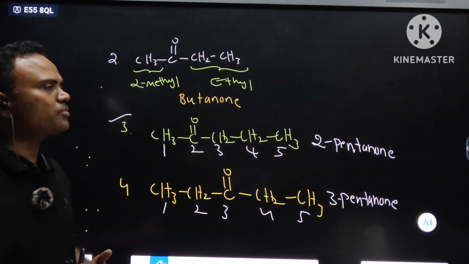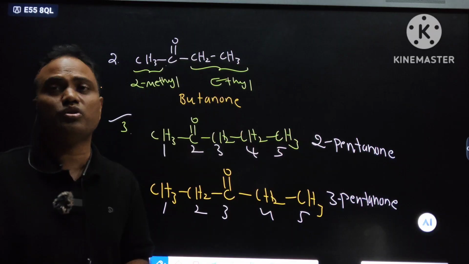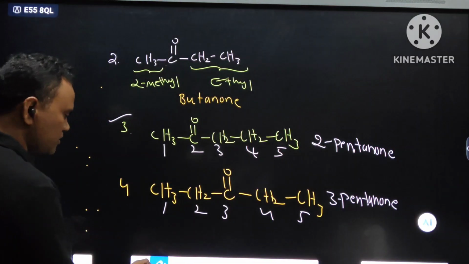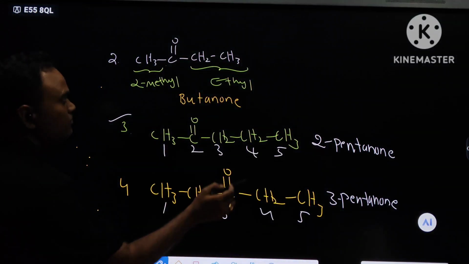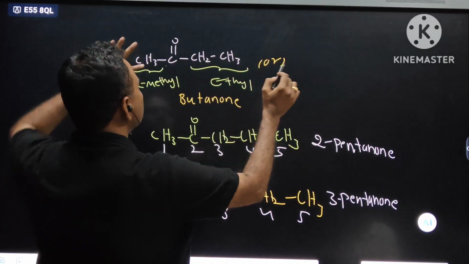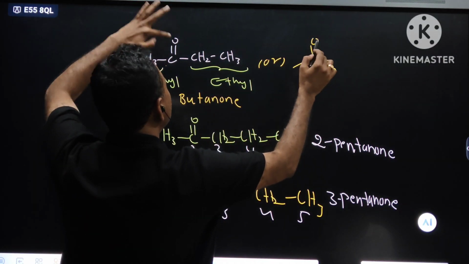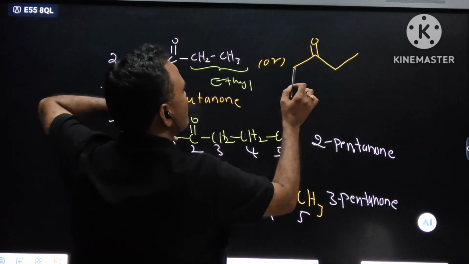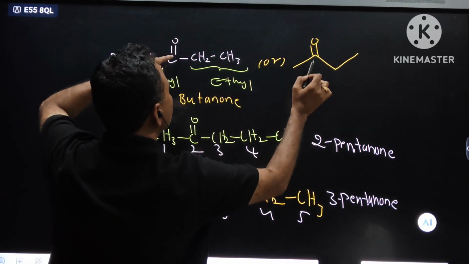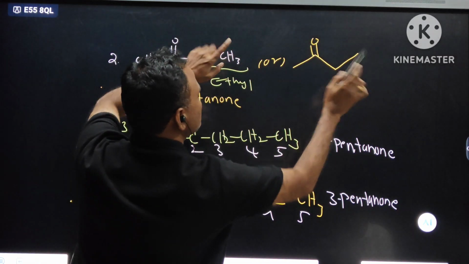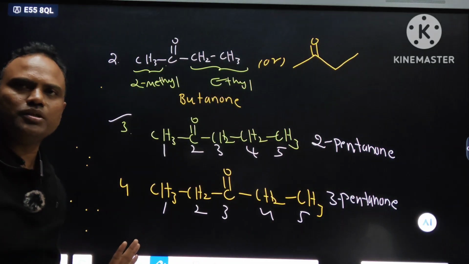And one more important point, we are not writing the bond line structures. Please write bond line structures in every case, all of you. Write the bond line structure for this: CH3 C double bond O CH2 CH3. Bond line structures are important. Clear?